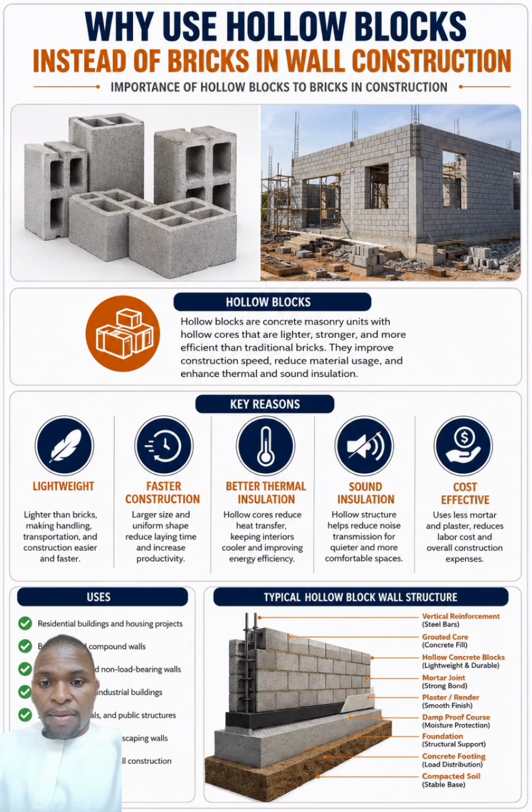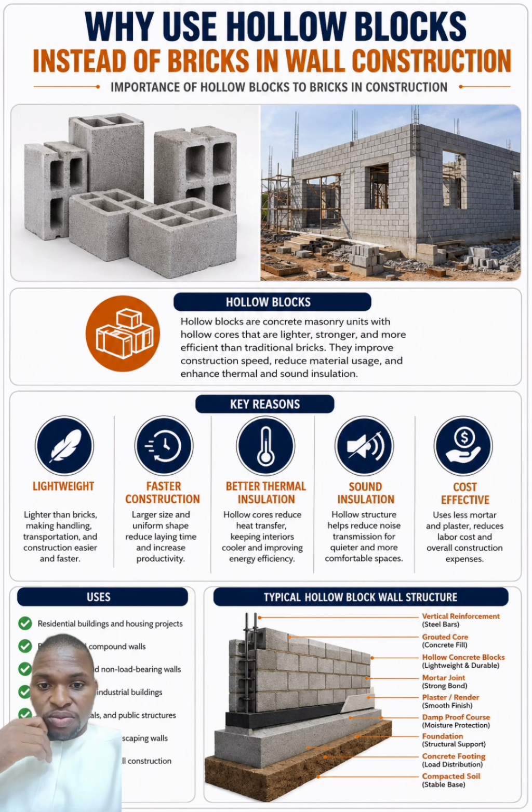So it helps to reduce the laying time and increase productivity. Instead of being on one side of the wall for like 5 days laying bricks, you can lay your hollow blocks within that specific time frame, and you get away with it.